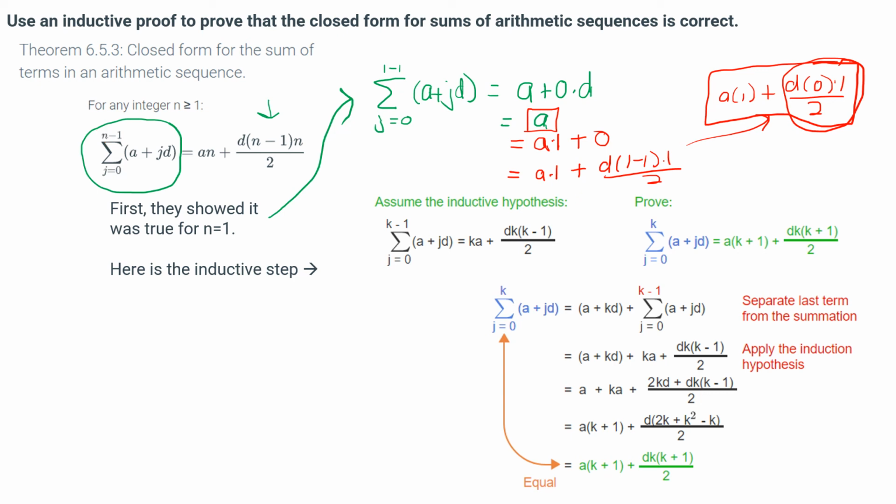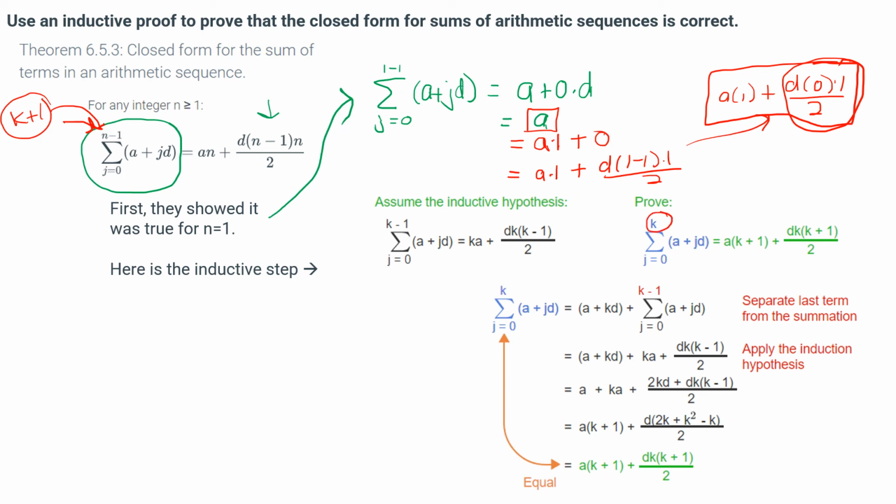So we're assuming it's true for k, and then we need to prove it's true for k plus 1. So if I put k plus 1, and let's go back to this original, if I put k plus 1 in for n, see that k plus 1 goes in the place of n, then I'm going to have k plus 1 minus 1, which ends up being k.